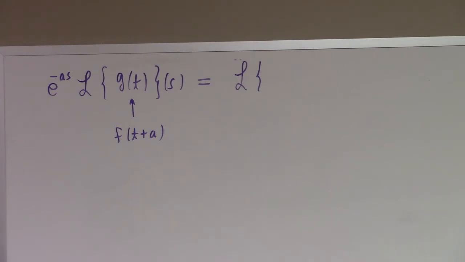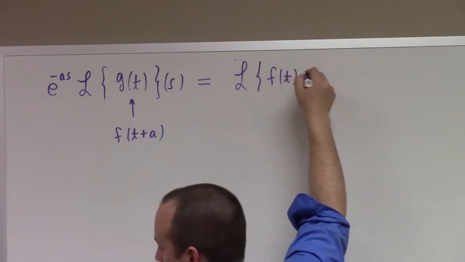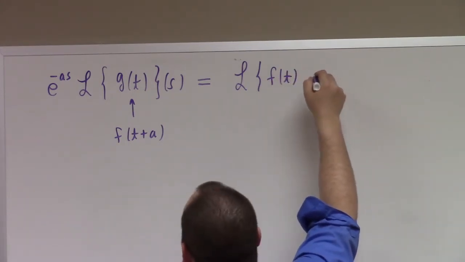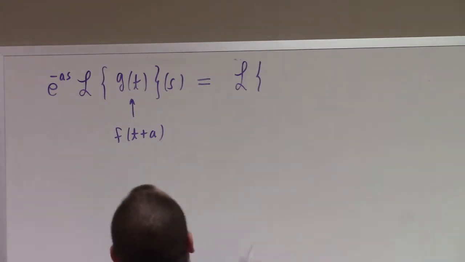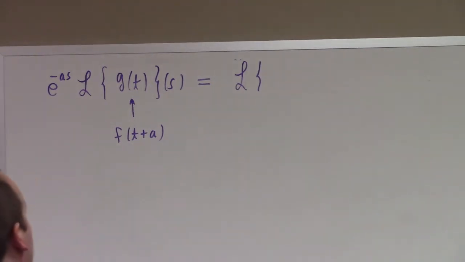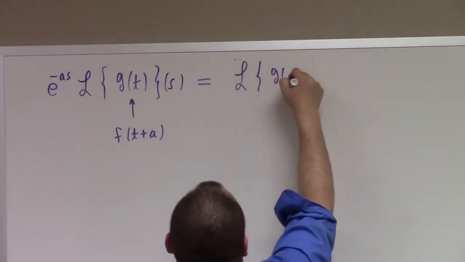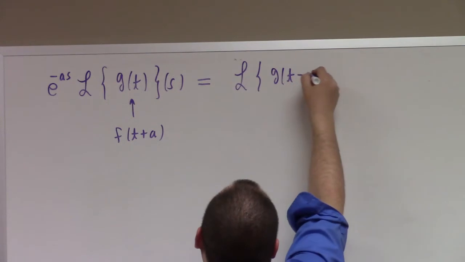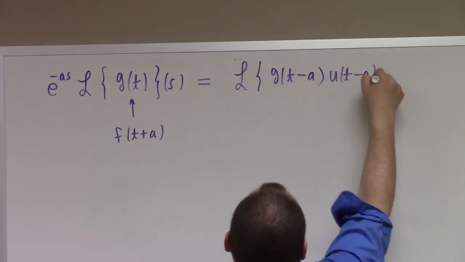So I'm supposed to put f of t, oh, maybe I shouldn't do that. Sorry. g of t minus a, right. If that becomes t, then it must have been t minus a over here, since we have to add a, and u of t minus a.